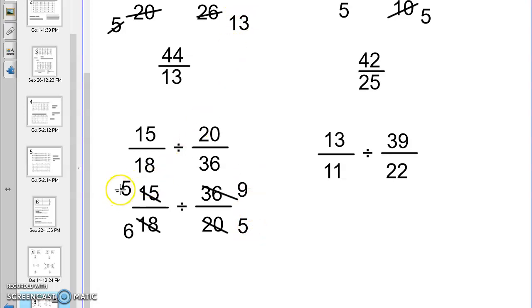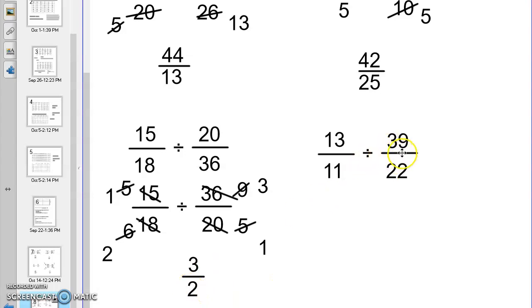Now diagonally, the 5s cancel. And that's 1 and 1. 3 goes into 9 and 6. So 3 goes into 6 twice. 3 goes into 9 3 times, and I multiply across. 1 times 3 over 2 times 1 is 3 over 2.